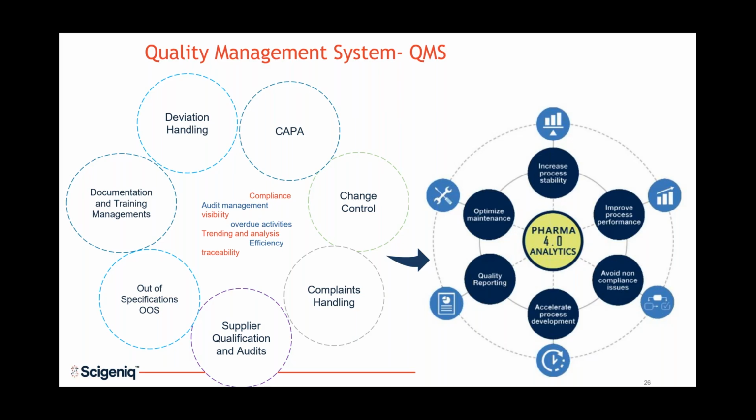So basically, we need all of these modules to have compliance, to be ready for the audits, audit management at the same time, to have better visibility, to make sure we don't have overdue activities, trending and analysis, efficiency and traceability. All of this, again, goes into that same pyramid of going up to that Quality 4.0 or Pharma 4.0 analytics. Can you move on to the next slide?